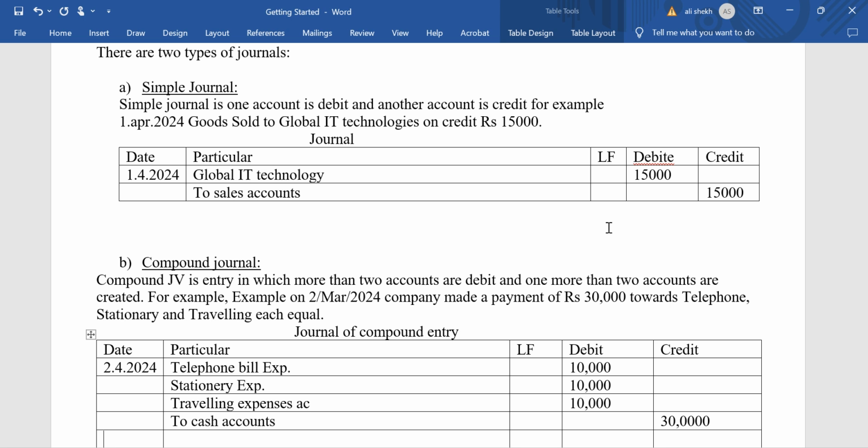For example, on 2nd March 24, company made a payment of rupees 30,000 towards telephone, stationery and travelling expenses, each equally. So there are more than two accounts, that is called a compound journal. So what will be the journal of the above transaction?